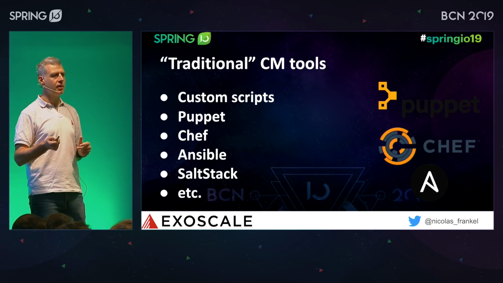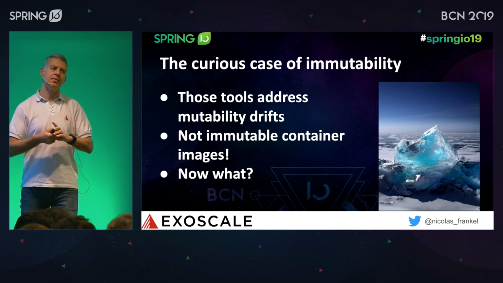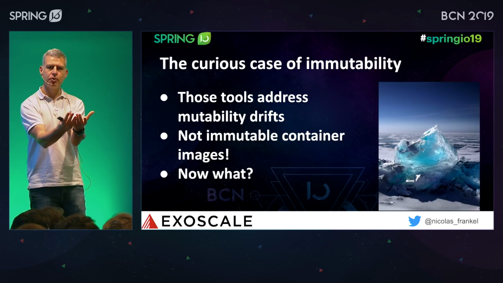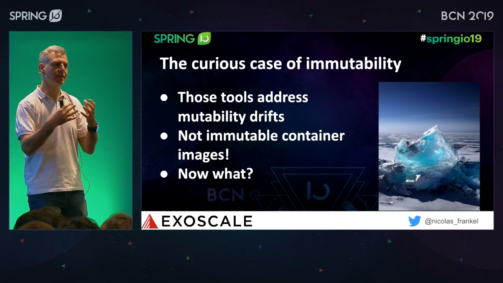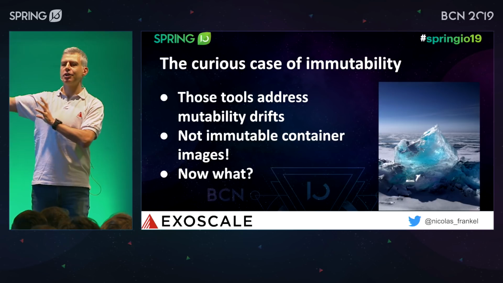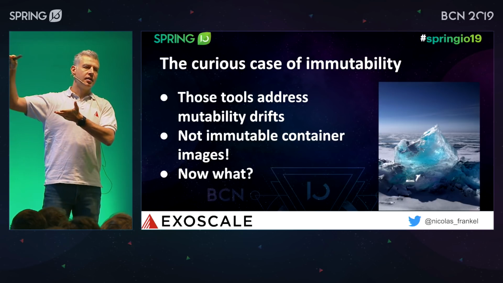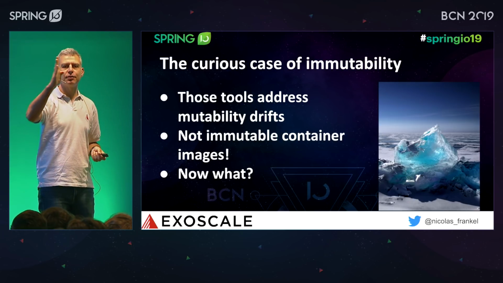Because what you do in configuration management is that basically you declare the state of the system you want the system to be in, and then you trust the configuration management tool to keep that system in this state. And of course, your system will drift.